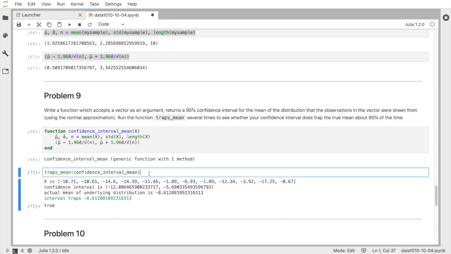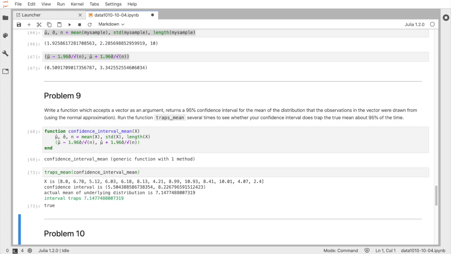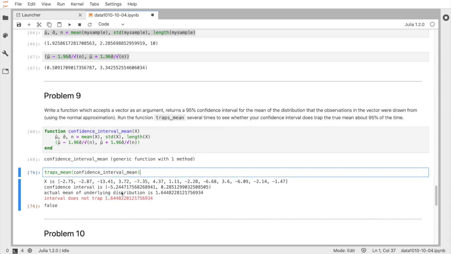If we run this repeatedly, we expect to see a lot of green, indicating that we successfully trapped the value of the mean. But in this case, we didn't. And we would expect that to happen about 5% of the time. If we're making a nice tight 95% confidence interval, then we should expect to be wrong about 5% of the time. So in this case, we returned a confidence interval from negative 5.2 to 0.3, and the actual mean was 1.6.